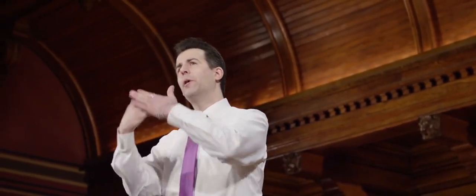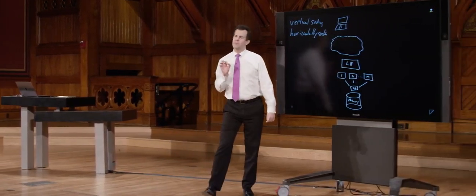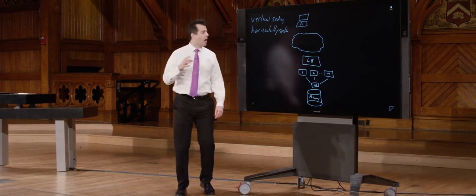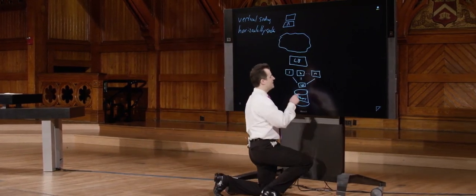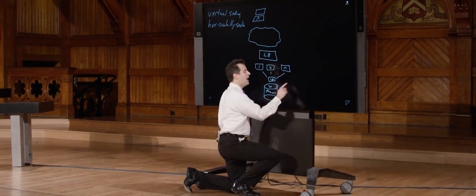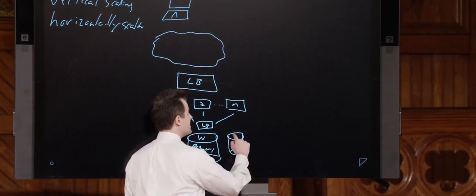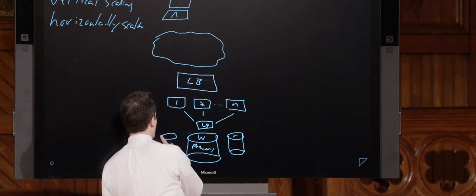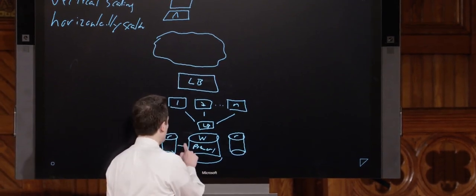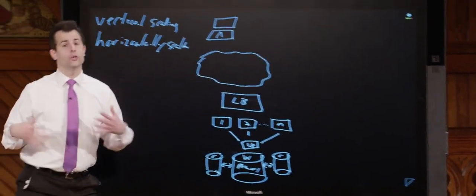But if we're going to bump up against some limit of how much work this database can do at once, it would be nice to have some secondary servers or tertiary servers. So a very common paradigm would be to use this primary database for writes, we'll abbreviate it W, and then also have maybe a couple of smaller databases or even the same size databases that are meant for reads, abbreviated R. And so long as these databases are somehow talking to one another, this topology will just work.